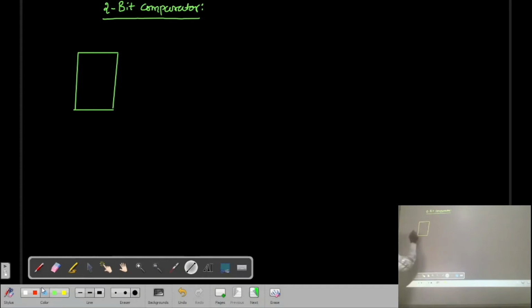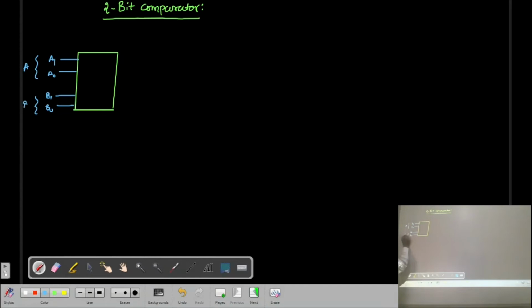in this diagram, this is A0 and A1. So this will give you a binary number A. Then we have B0 and B1.